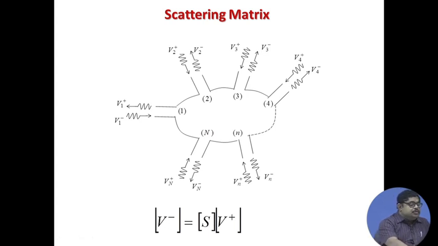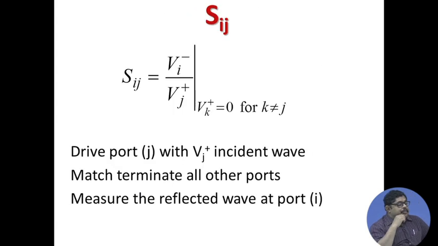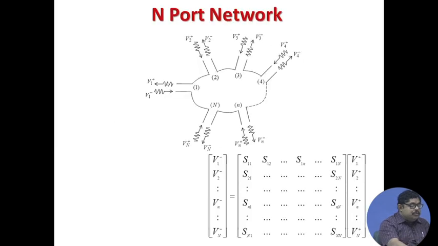Okay. So, now how many S parameters are there in an n port network? There are n by n, that means n square number of S parameters. If I want to determine any of them, let us say Sij, suppose I want to determine S12.